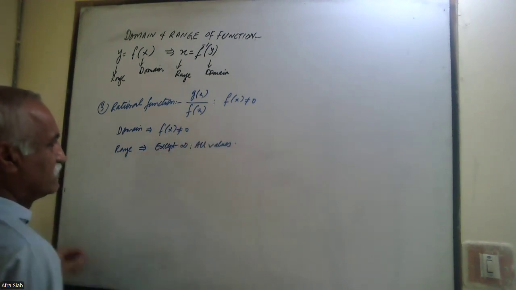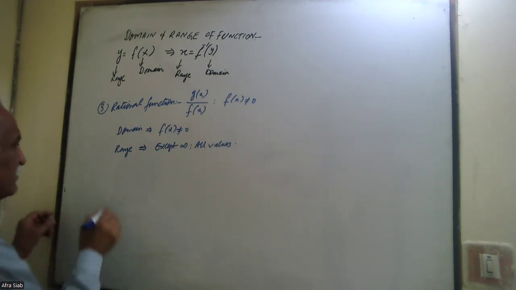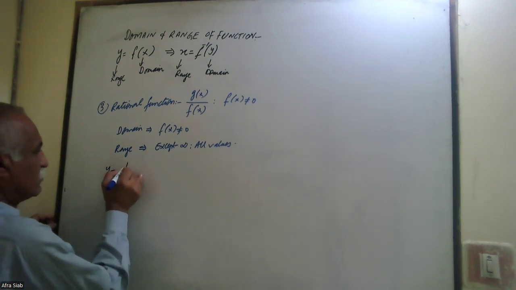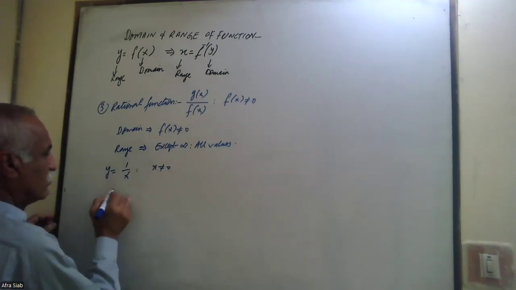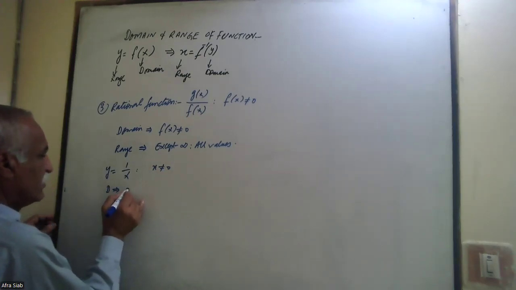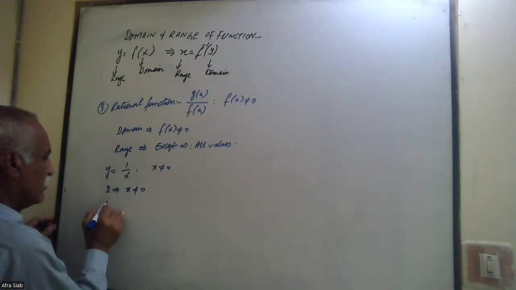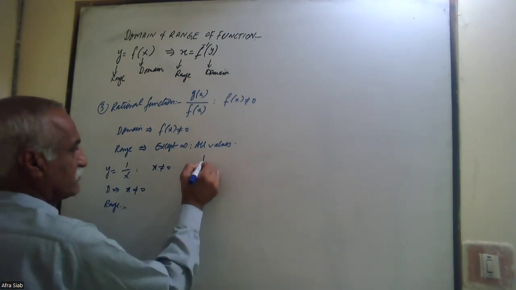For example, y is equal to 1 over x, where x is not equal to 0. The domain of this function will be x is not equal to 0, and for the range of this function, draw the graph of this.